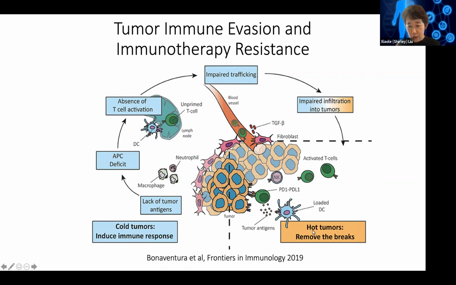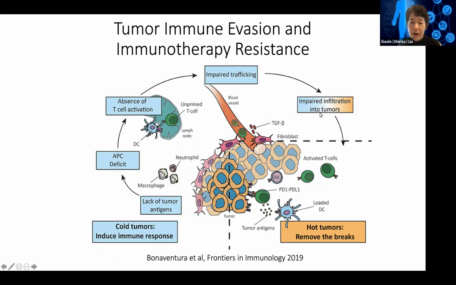They are called immune hot tumors, meaning that there are T cells in the tumor. They're trying to do the killing, but then those T cells might be suppressed with exhaustion markers such as PD-L1 or TIM3, LAG3. And so the T cells are there, they are just drunk. So immunotherapy hopefully will bring the tipsy T cells back into action.